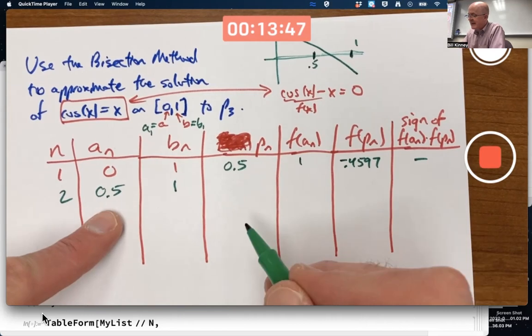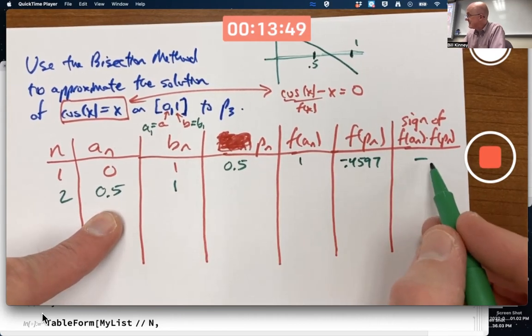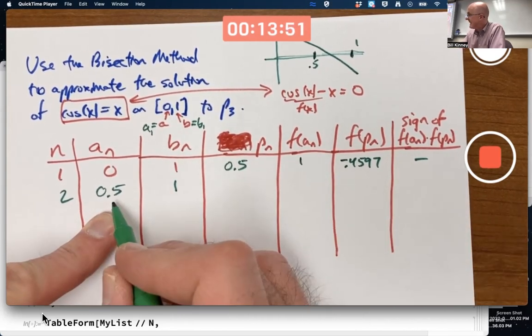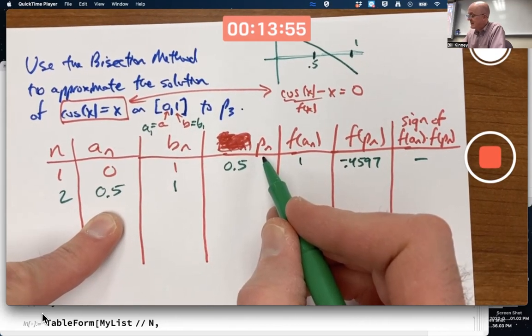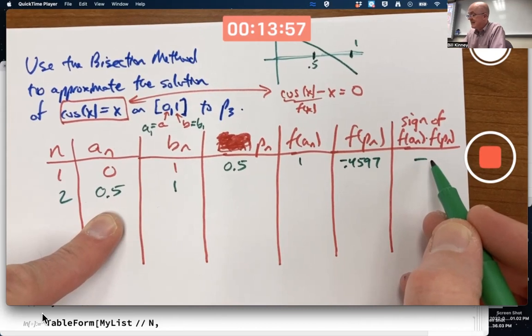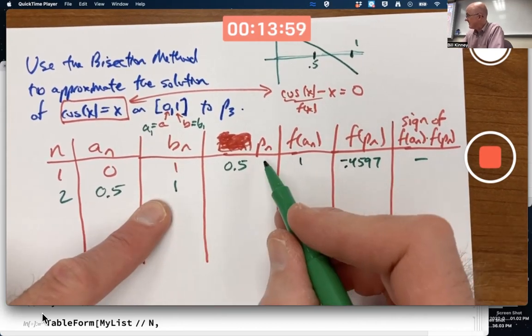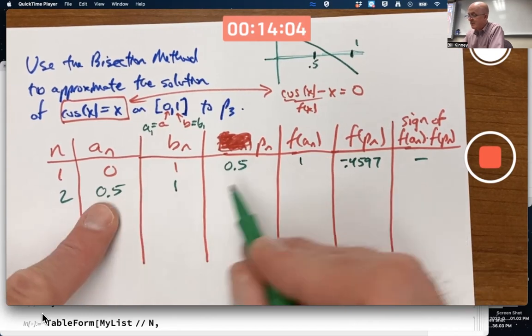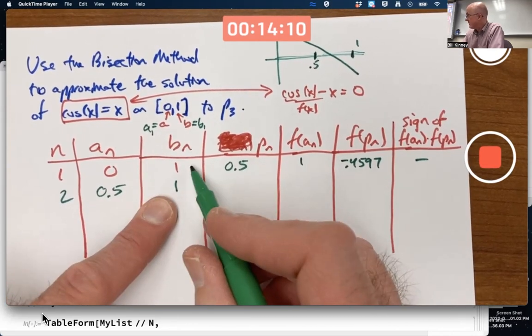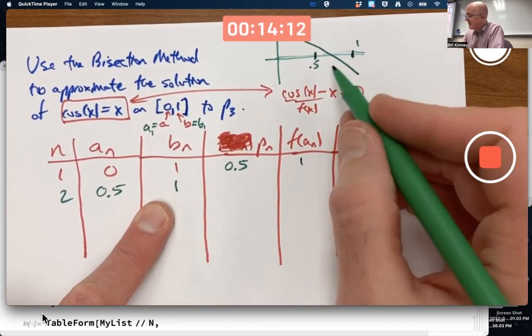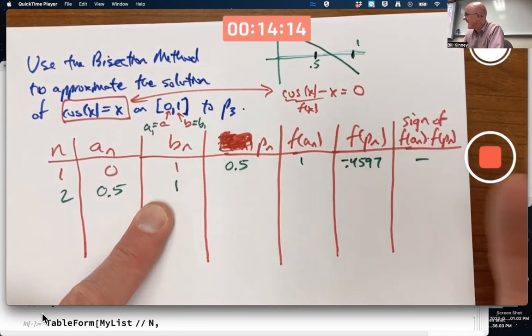In other words, the algorithm says that when this is negative, the next A value equals the previous P value. If this had been positive, the next B value would be the previous P value. Remember that? So we updated A2 equals P1. B2 is equal to B1. But you can see from the picture, it's got to be this interval. You know it's got to be the answer.